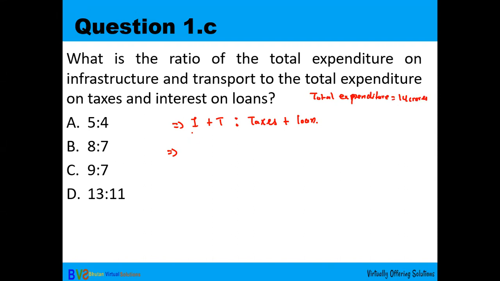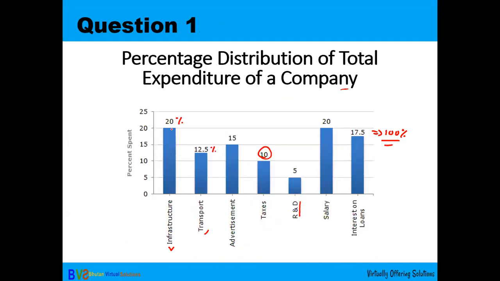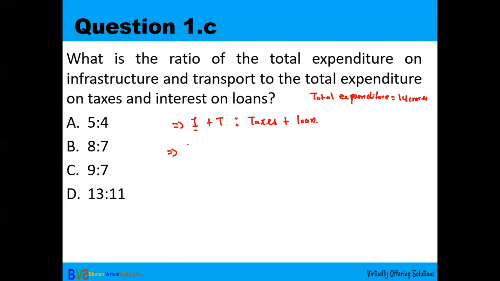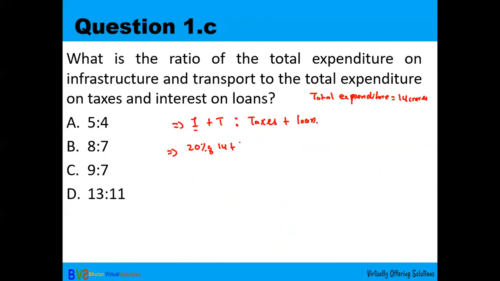There are two methods that you can directly solve this with. The first thing you can do is this: the infrastructure percentage is 20, so you can do 20% of 14 crore plus transport, which is 12.5, 12.5% of 14.